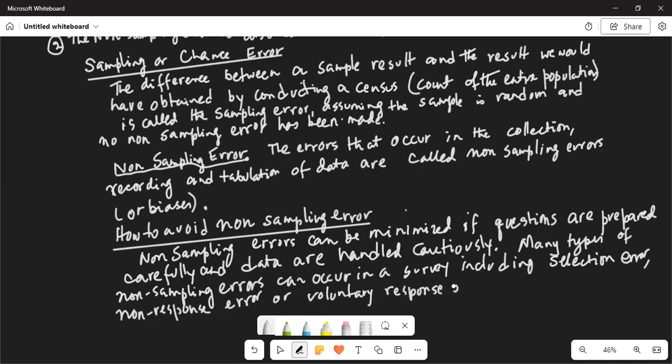What is a voluntary response error, you ask? When people out of their own will participate in a survey and express their own opinion. They have not been asked to participate in the survey, but out of their own volition, out of their own desire, they participate in the survey, and they usually produce biased survey answers.